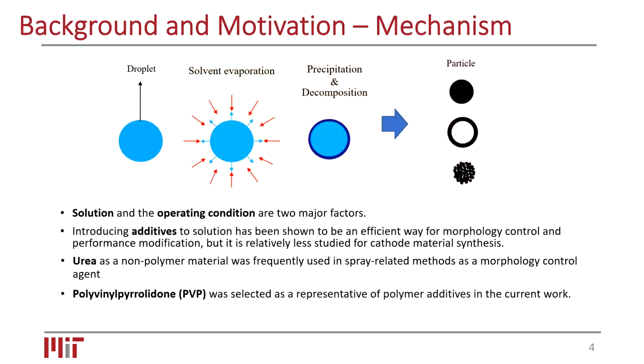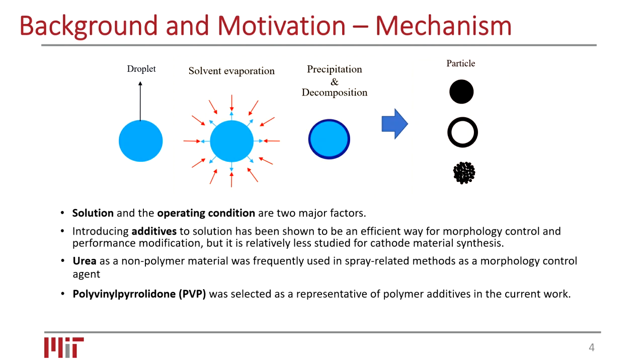For the spray method, the smallest element, in fact, is a droplet. The droplet is initially in the liquid phase, and then after the solvent evaporation, the metal ion precipitation, and the raw material decomposition, it forms a solid particle in the end. During this process, the solution and operating conditions are two major factors that affect the final product.